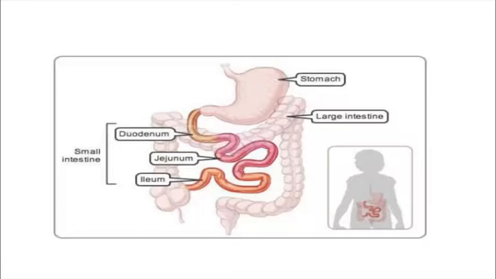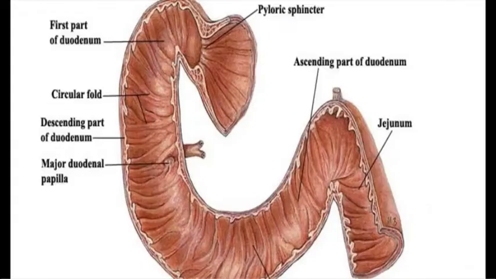Let's talk about the very first part of the small intestine, that is the duodenum. As I said, it is the very first part, it is 25 centimeters in length, and it is curved around the head of the pancreas. The secretions of the gallbladder and pancreas are released into it.